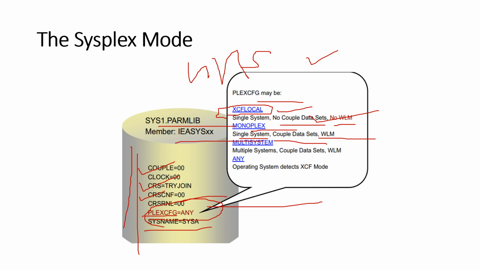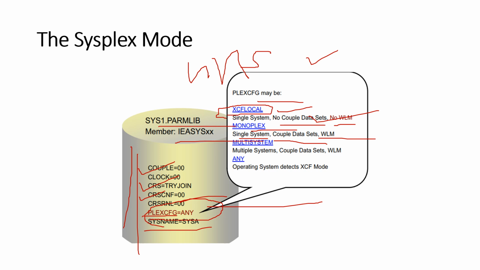Also you can specify it in the COUPLExx member. Use MONOPLEX when you want only one system in the Sysplex, for example, to test a multi-system application on one system.